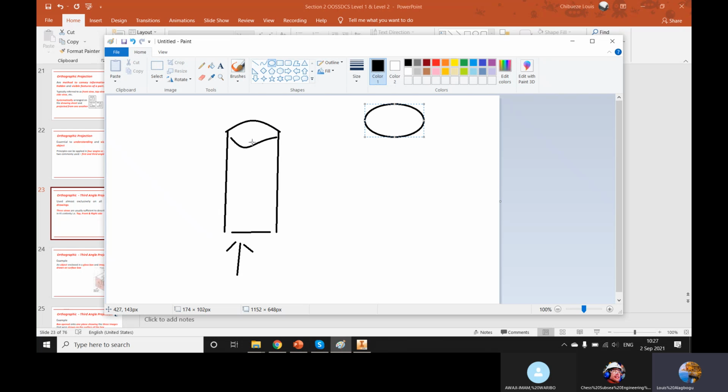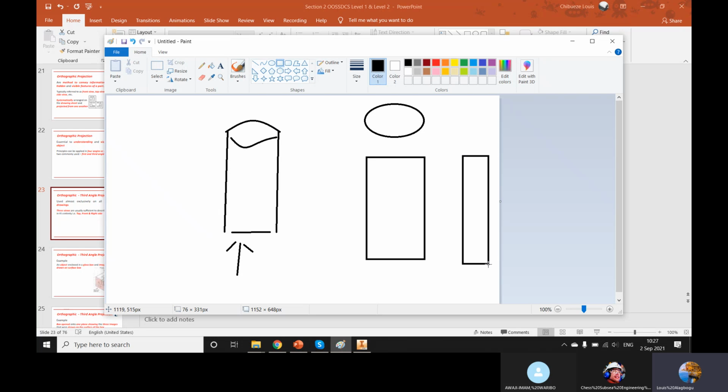Am I right? Yes. Then you would also see something like this as the front view. In this case, most often, we don't go as far as putting the additional side view, because that will just be the same thing as the front view.